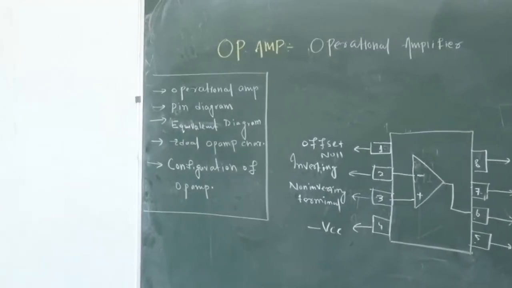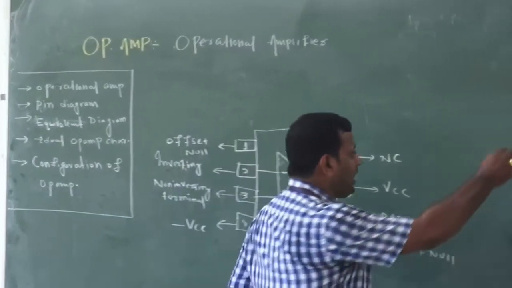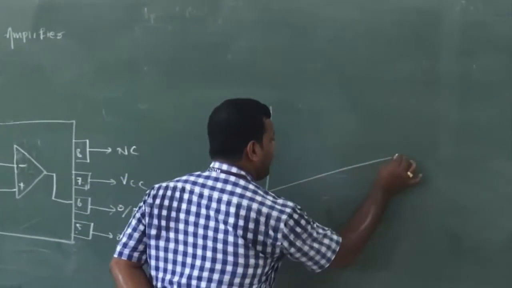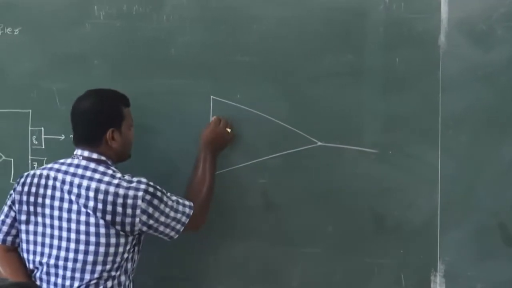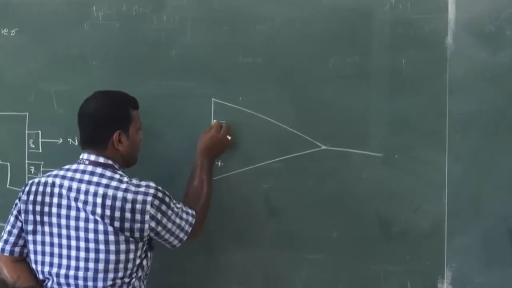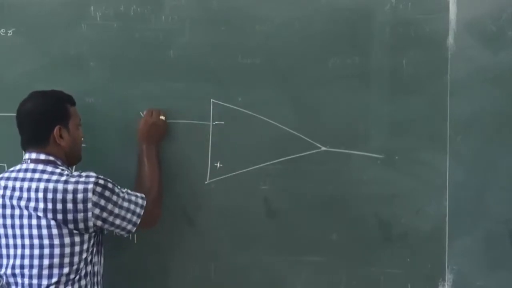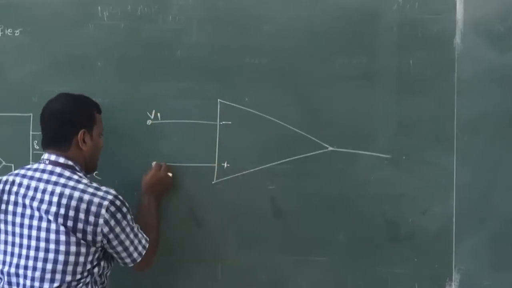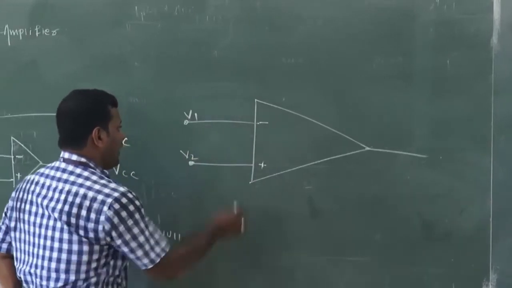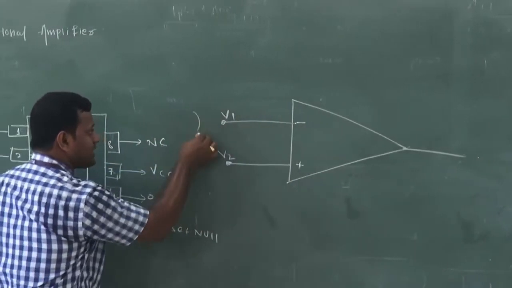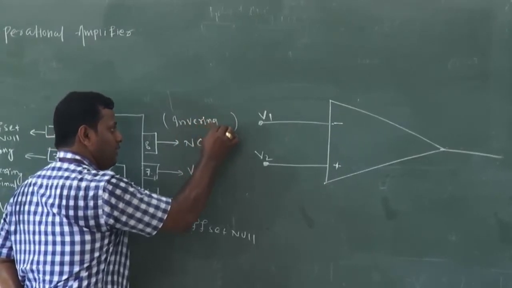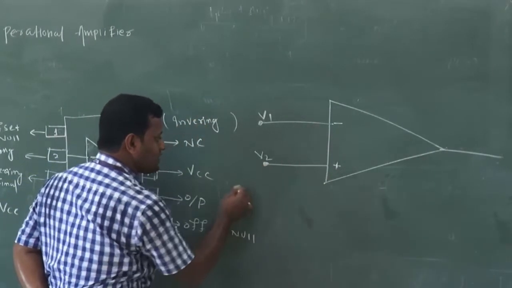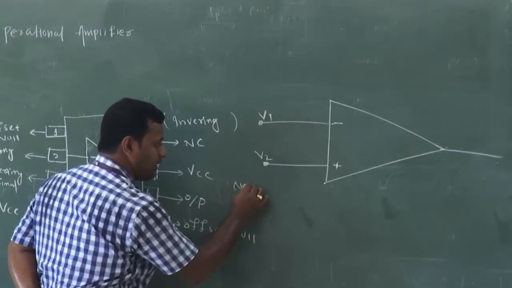Now the op-amp figure will be like this. This is minus, this is plus. Here it is V1 and here it is V2. As it is connected to the minus, it is the inverting terminal, and as it is connected to the plus, it is called the non-inverting terminal.